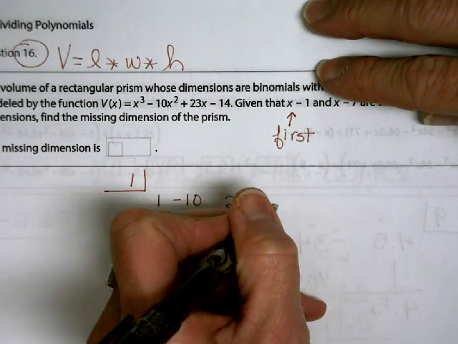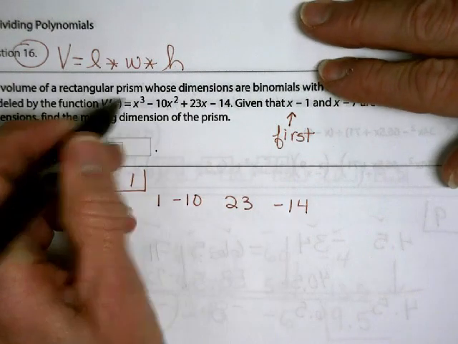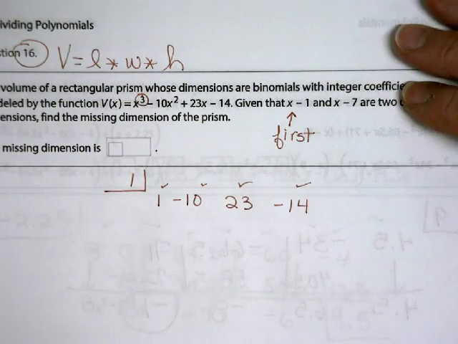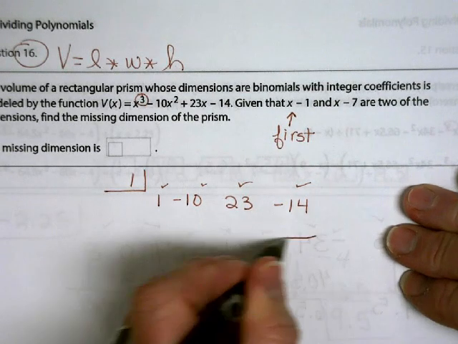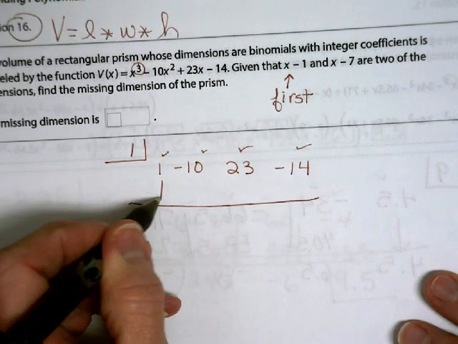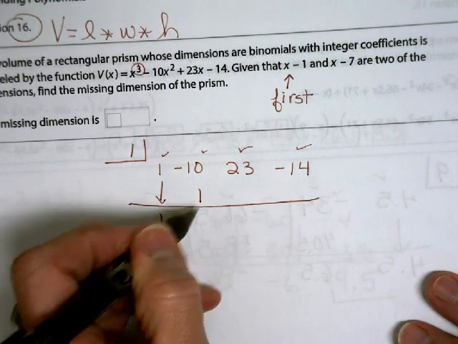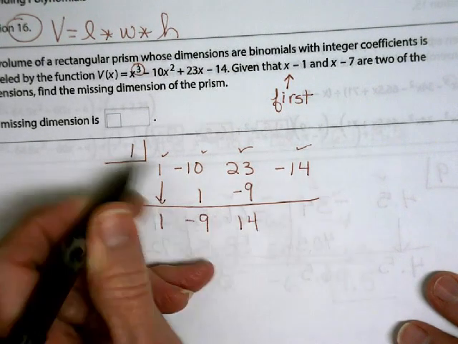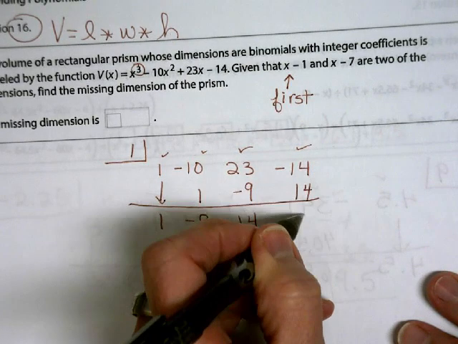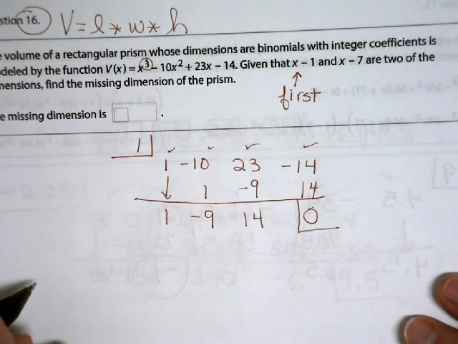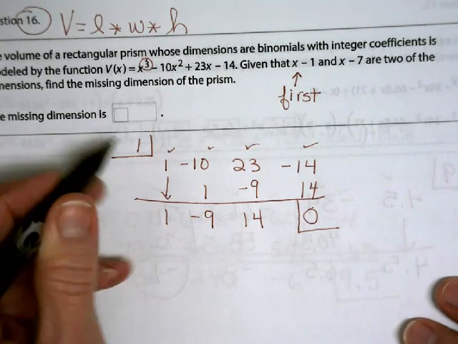I have coefficients of 1, -10, 23, and -14. I have a power of 3, and there's 4 values in my synthetic division game, so I know that's ready to go. So yay, if it didn't go in evenly, I did something wrong.